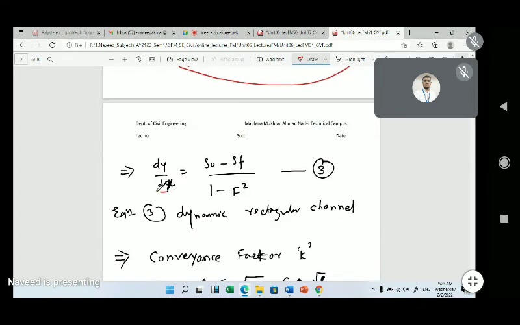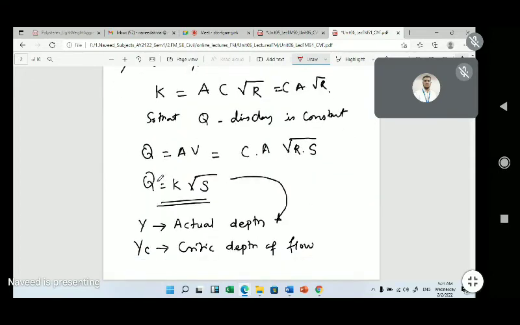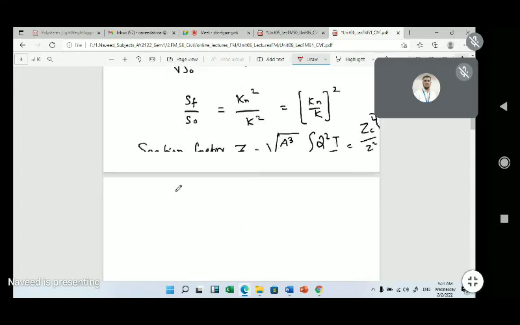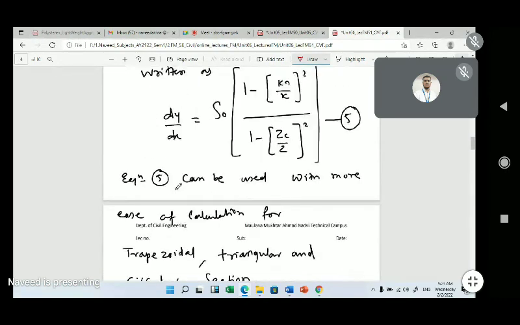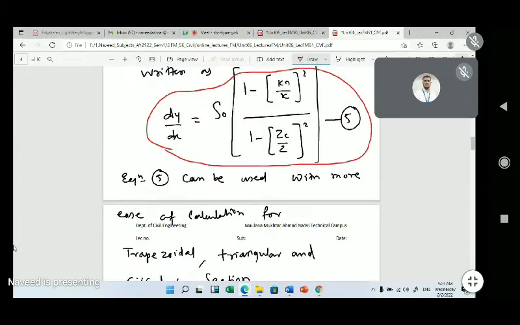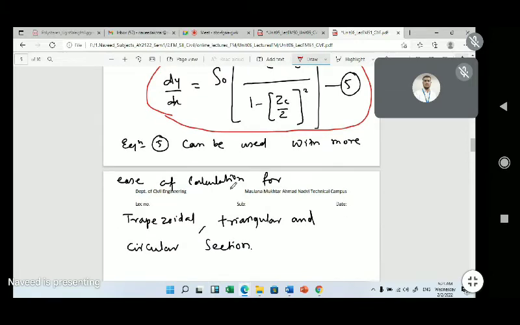This is the equation for the rectangular channel, and this equation is for trapezoidal, triangular, and circular channels.